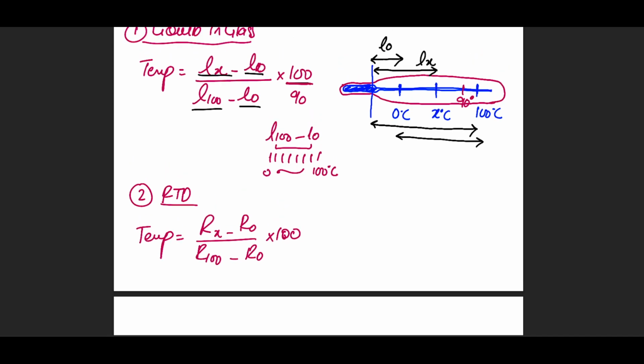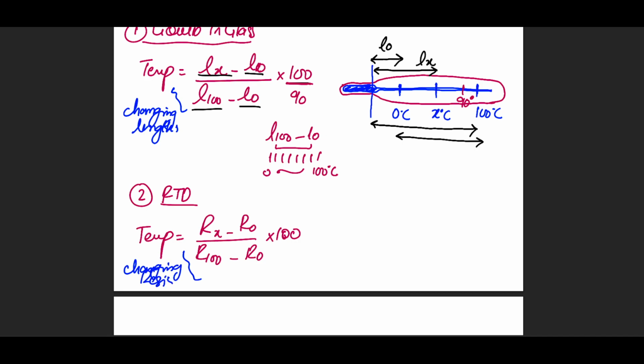You will notice that this is exactly the same formula in terms of its values as the liquid in glass thermometer, right? But the only change is that over here we are dealing with changing lengths and their ratio, and over here we're dealing with changing resistances and their ratios.